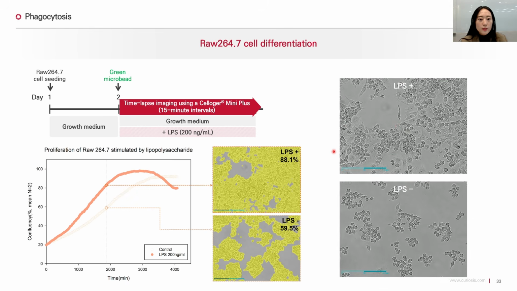You can see that LPS-treated cells show a much higher confluency, about 88% compared to about 60% in the untreated group, indicating enhanced proliferation and activation. This differentiation step is essential since only mature macrophages show strong phagocytic behavior.